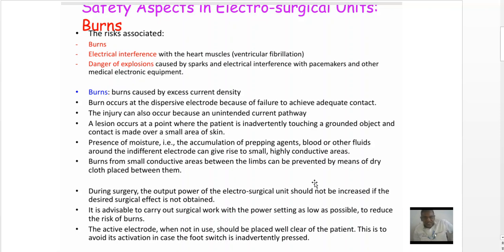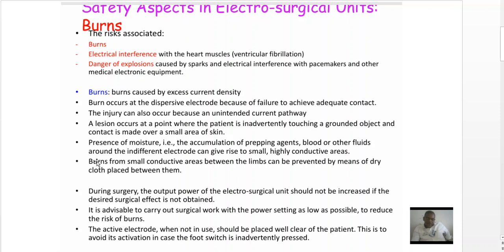A lesion occurs at a point where the patient is inadvertently touching a grounded object and the contact is made over a small area of skin. These are some of the risks.